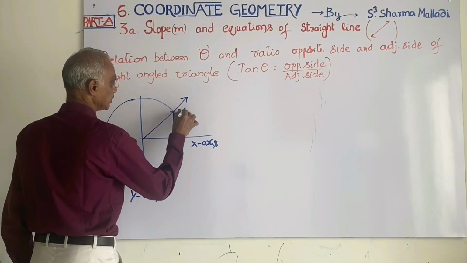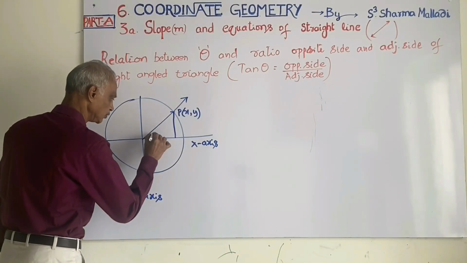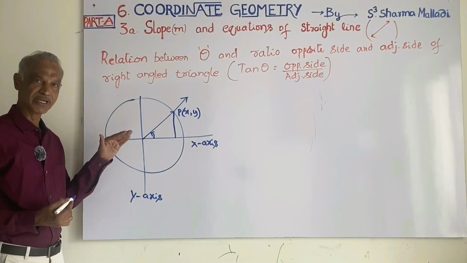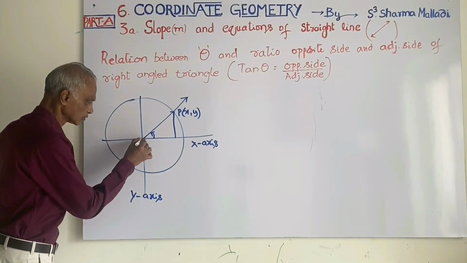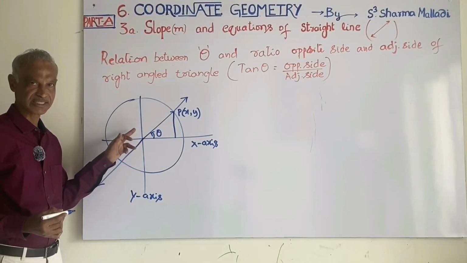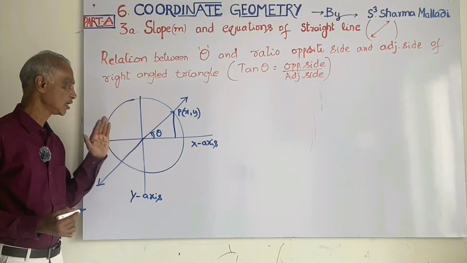I will take a point P(x, y), and this is the angle theta, the angle made by this line with the positive direction of the x axis in the anti-clockwise direction.